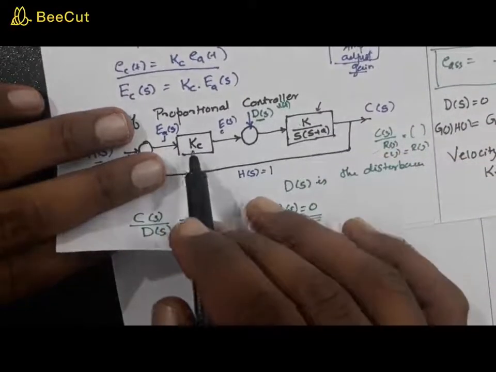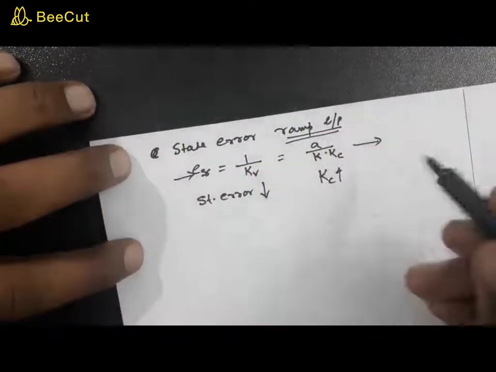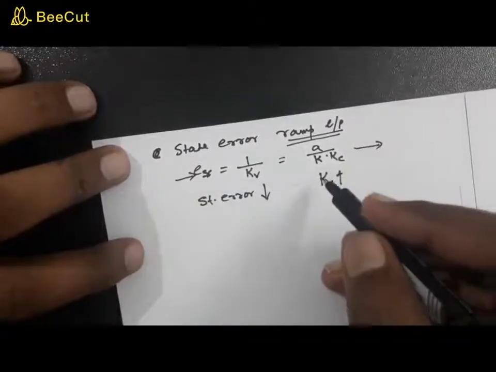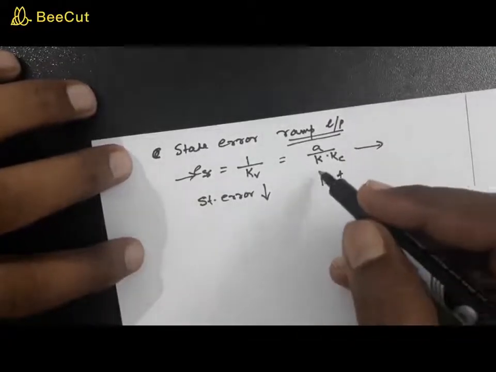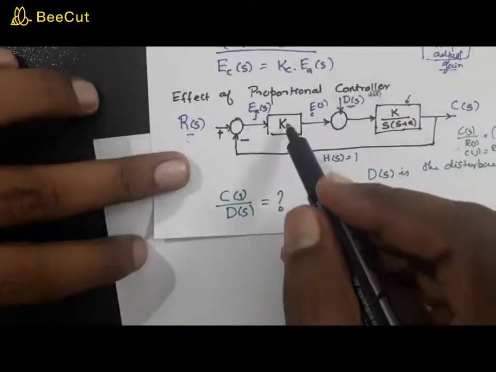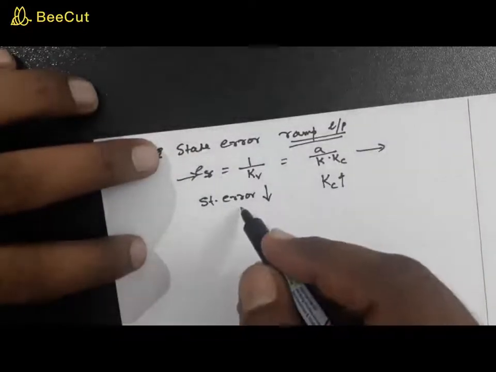The only thing that can be changed is kc, and this equation shows that as you increase the proportional controller gain, the steady state error gets reduced.